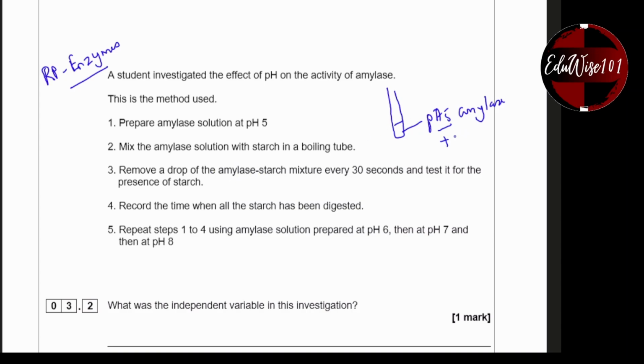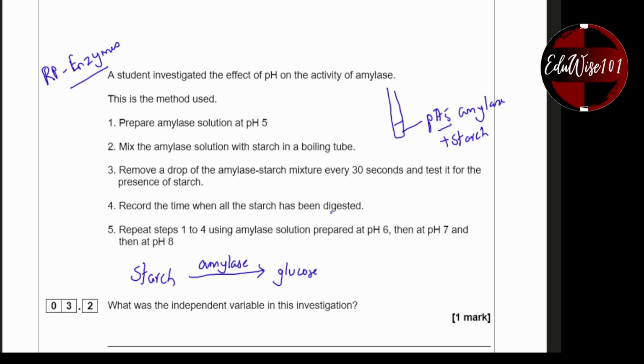So you have starch as well. Now what happens is the starch is going to be broken down by amylase to form glucose.